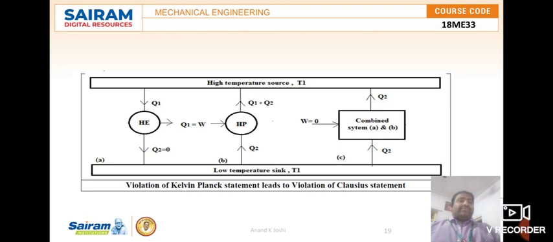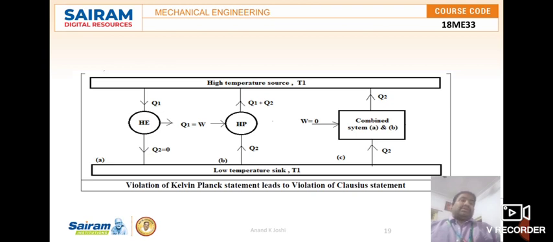Finally, we can conclude that both the Kelvin-Planck and Clausius statements are equivalent, in the same sense. So from this we can conclude the equivalence of the Kelvin-Planck statement and the Clausius statement.